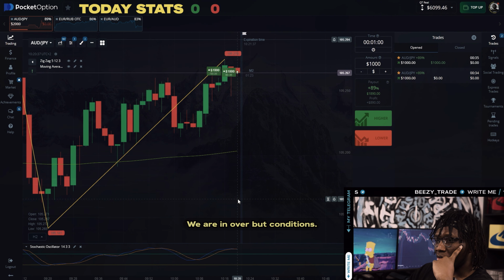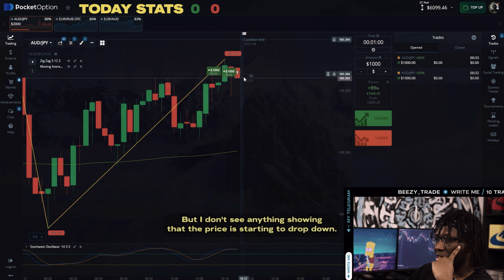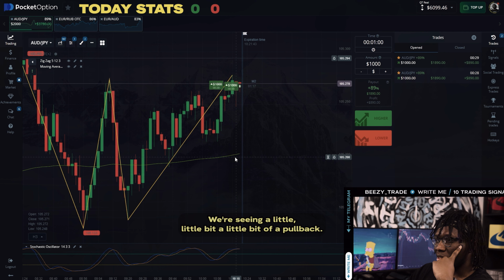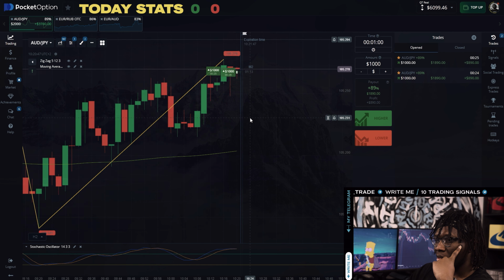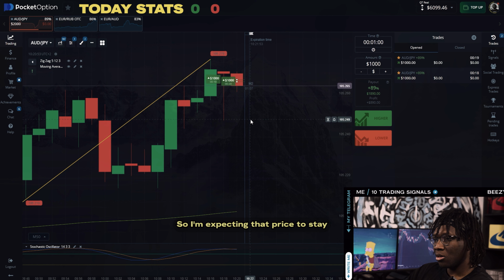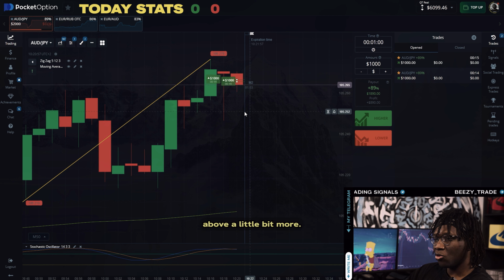We are in overbought conditions, but I don't see anything showing that the price is starting to go down. Right now we're seeing a little bit of a pullback. So I'm expecting that price to stay above a little bit more, get it pushed up.